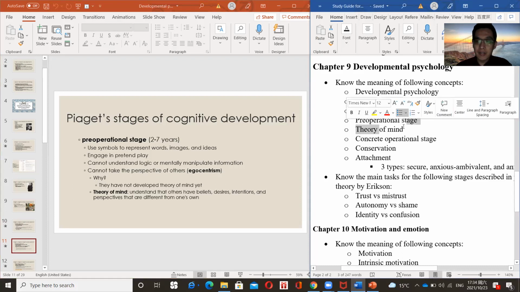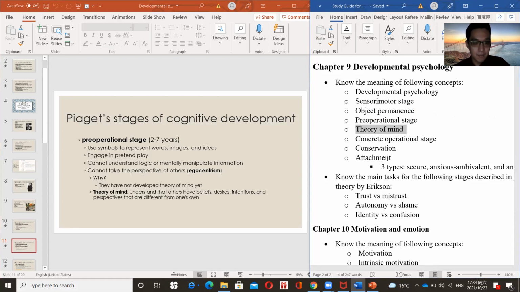It's a kind of knowledge that other people have their own beliefs, perspectives, intentions, emotions, desires. Other people's inner world is totally different from theirs. That is called a theory of mind. So everyone has a mind.